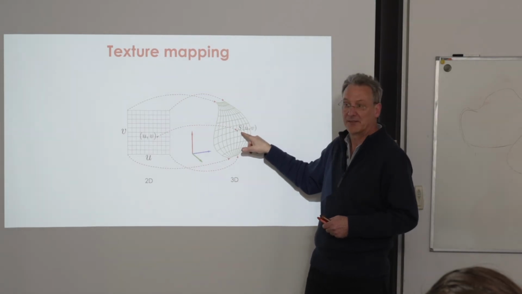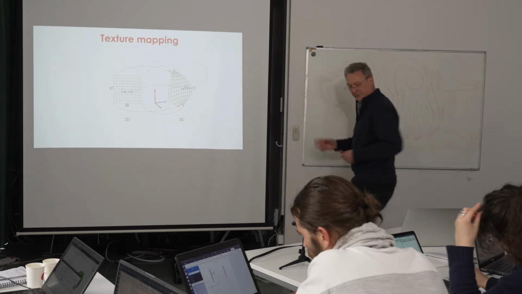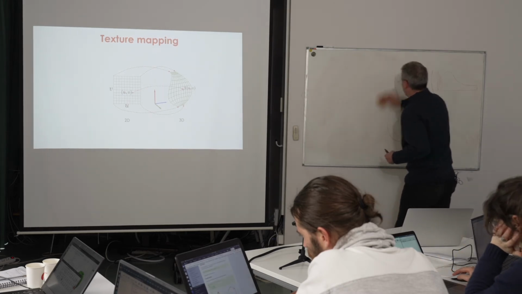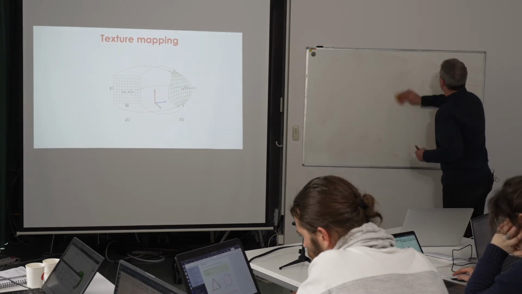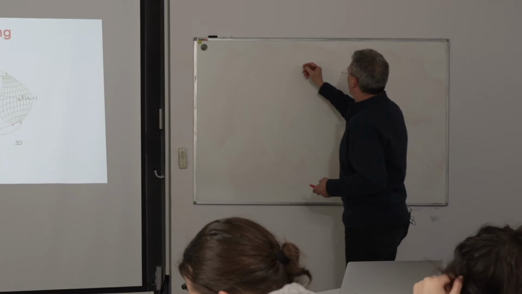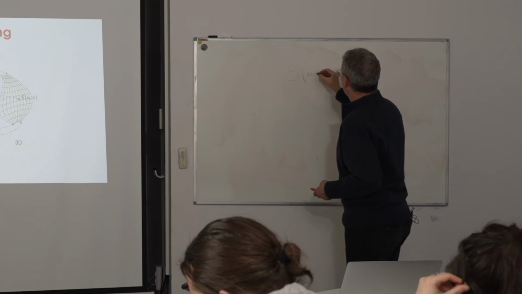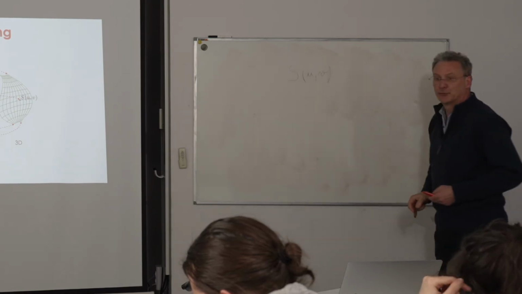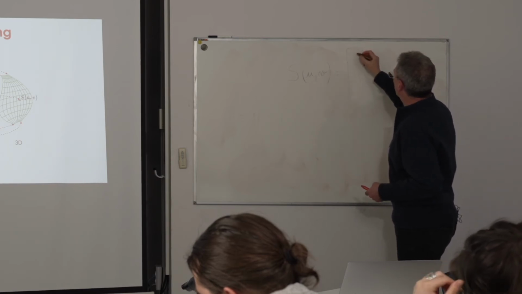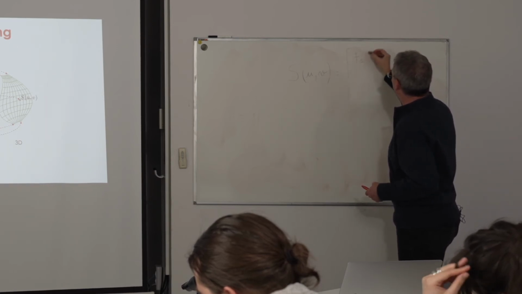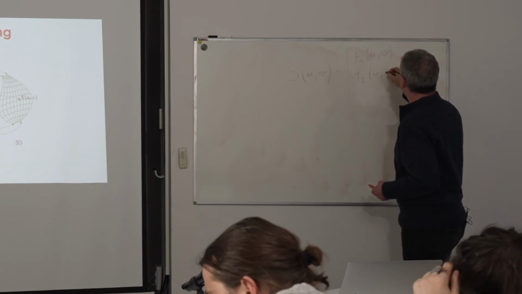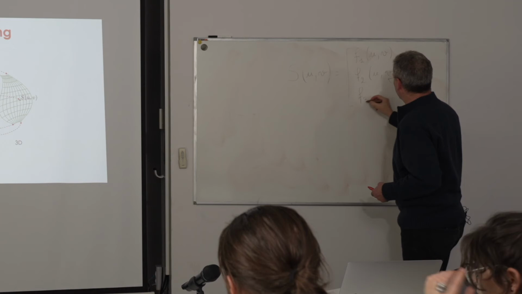The surface S, just so that you have this in mind clearly, would be a function of the two parameters and would be a vector composed of a function f1 of u and v, a second function f2 of u and v, and a third function f3 of u and v.